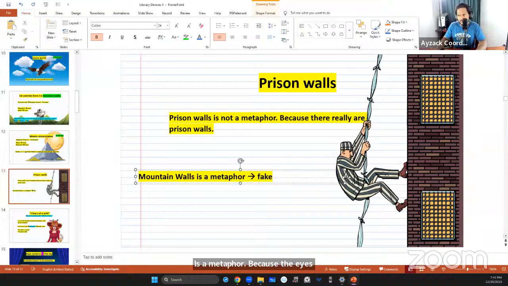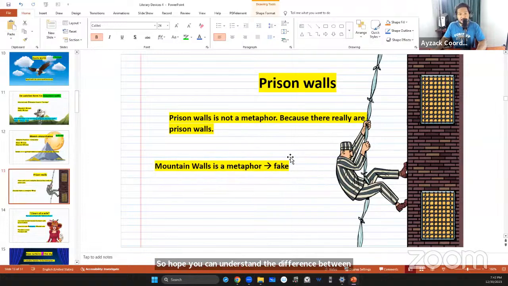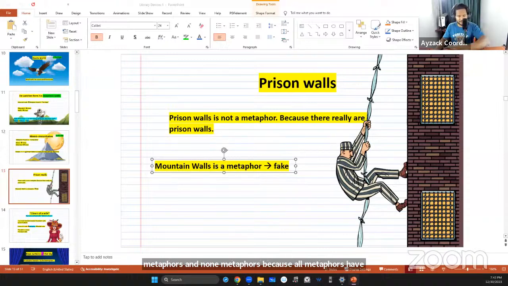It's fake. So I hope you can understand the difference between metaphors and non-metaphors, because all metaphors have to be fake. For example, mountain walls is a metaphor, while prison walls is not a metaphor.